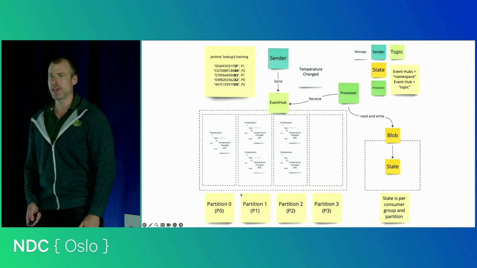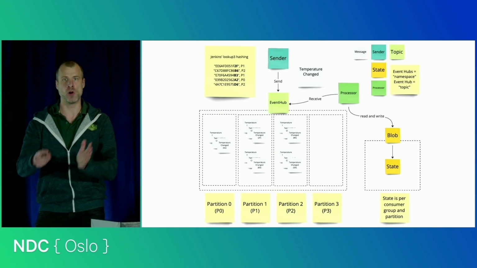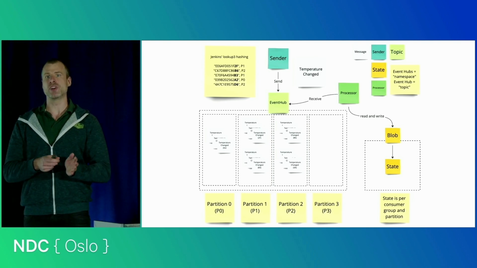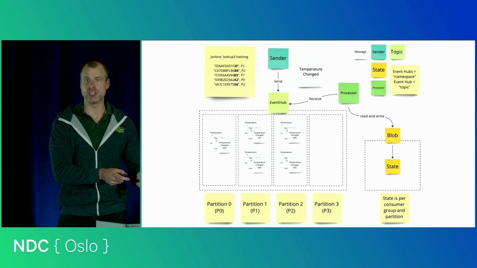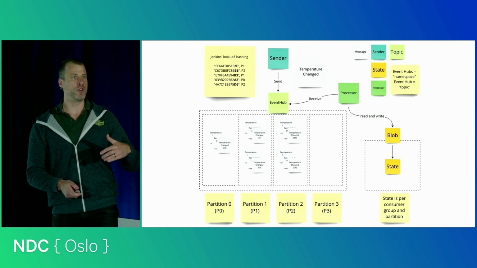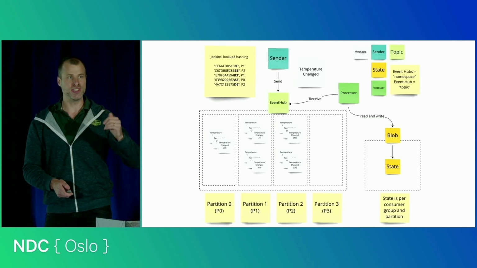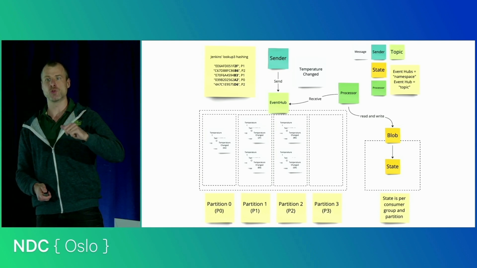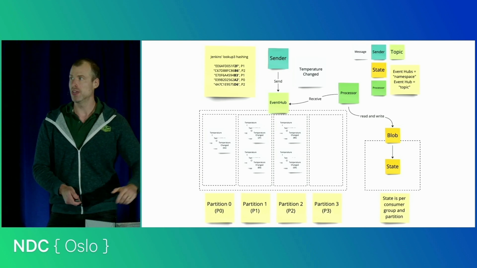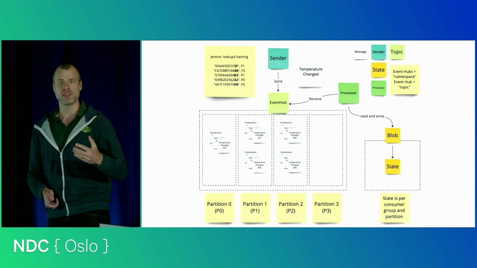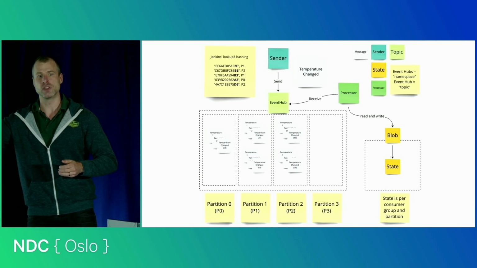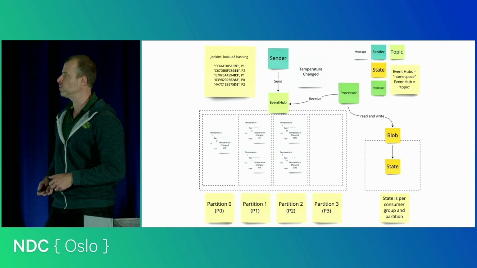Conceptually, think of these as boxes where the data is written into. The order of data is only ever guaranteed within the same partition, right? So when we want to keep the order of the temperature change data consistent for a warehouse, we have to make sure all the data for that specific warehouse goes into the same partition. That's why I'm using the warehouse as a partition key. And then it's an append-only log. Data just gets written to that stream and into those partitions.